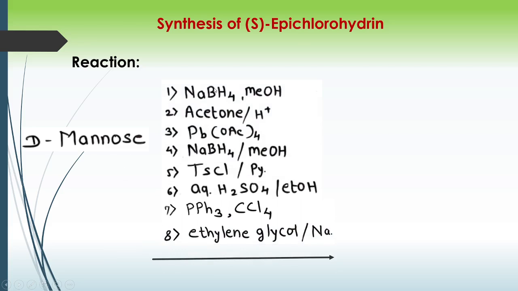Here we have reagents from number 1 to number 6. These reagents are the same as we saw in the R-epichlorohydrin, but the difference is only the triphenyl phosphine and CCl4, and this ethylene glycol in presence of Na. These two reagents are different for the synthesis of S-epichlorohydrin.